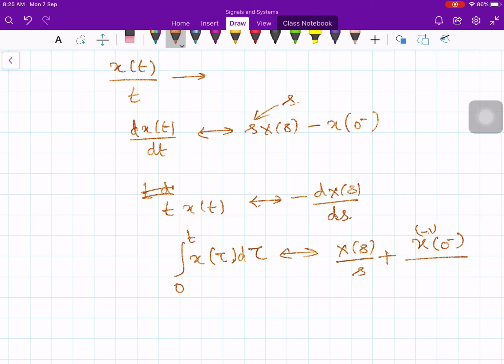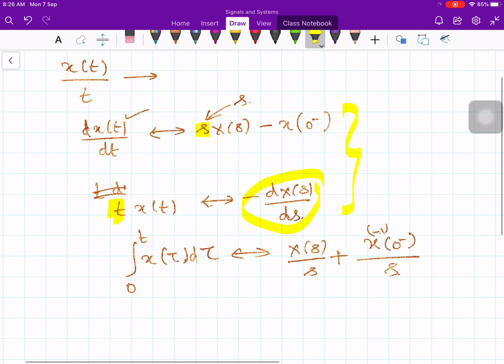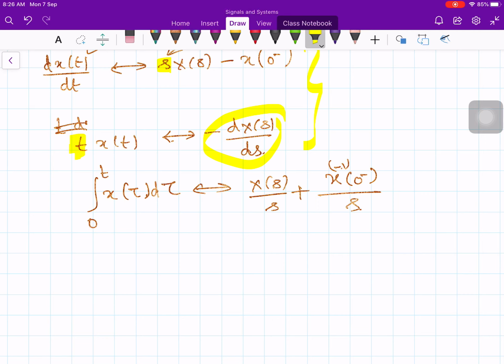So, if you differentiate in the time domain, in the frequency domain you are multiplying by s. Similarly, if you multiply in the time domain, in the frequency domain you are differentiating. So, these two are dual. Similarly, if you do the integration in the time domain, in the frequency domain you are dividing by s.